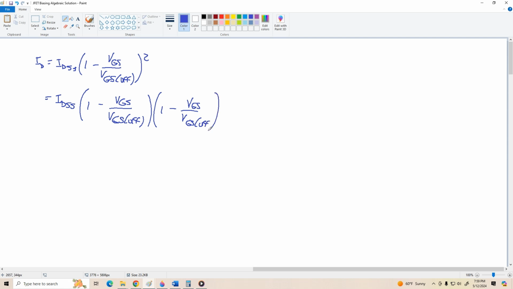All right, now what we're going to do next is apply the FOIL method, that is first, outside, inside, last. You may be familiar with that. And what that gives us is IDSS times 1 minus 2 VGS over VGS off plus VGS squared over VGS off squared.